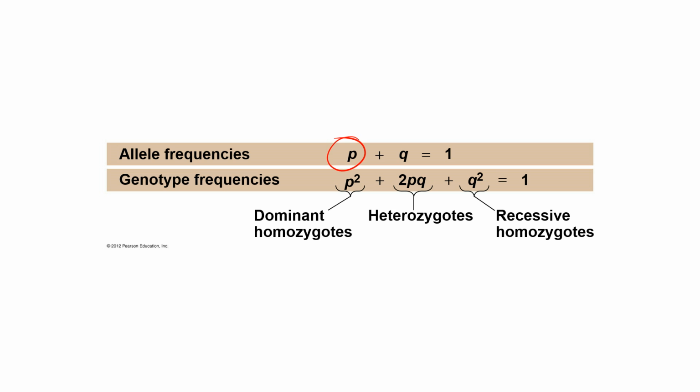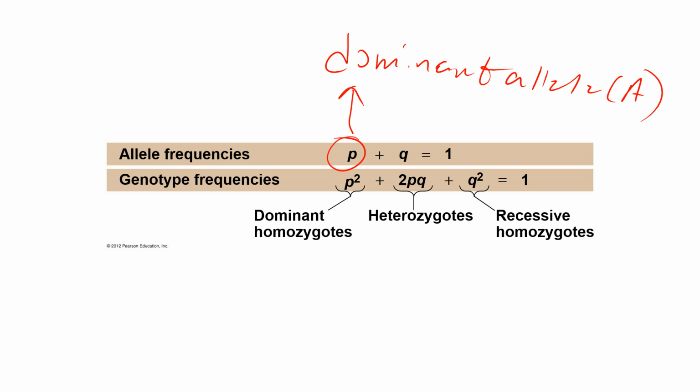P stands for the dominant allele, for example capital A. Q stands for the recessive allele, in this case lowercase a. Within a population, the sum of all the dominant alleles and all the recessive alleles adds up to 1. So p plus q equals 1.